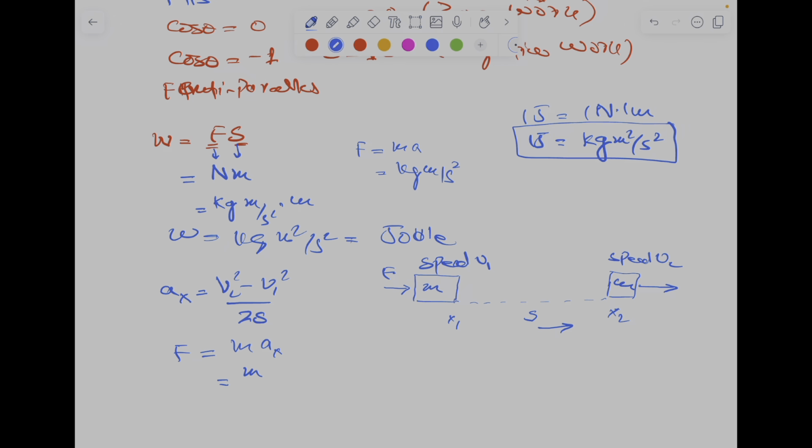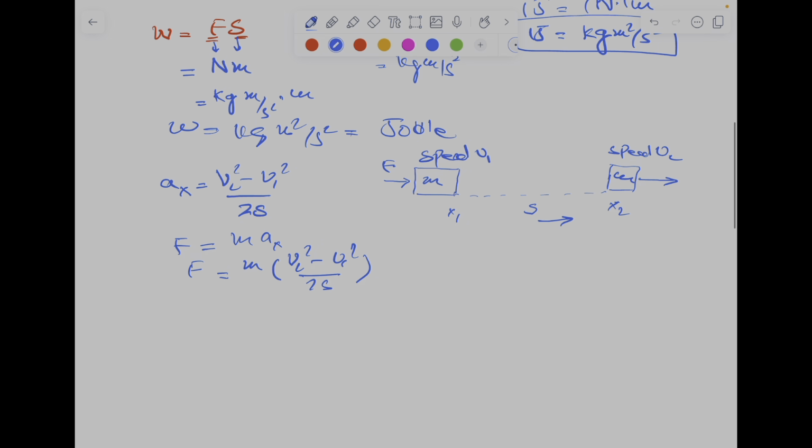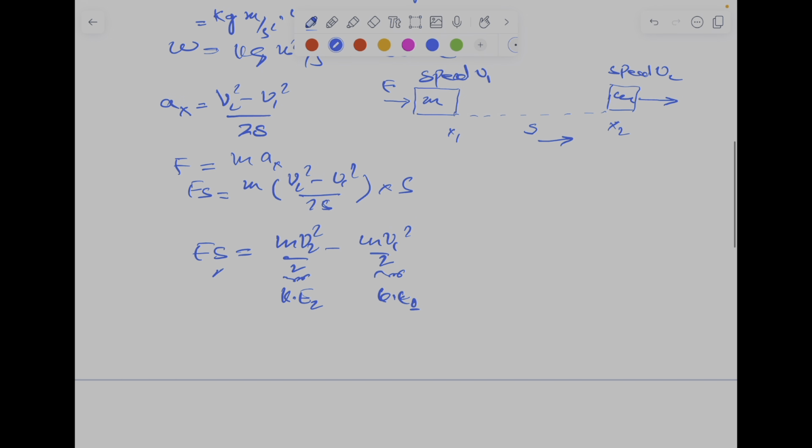Acceleration is v2 squared minus v1 squared divided by 2s. Here we take this s over here, multiply s on both sides, so we get Fs, which is m v2 squared divided by 2 minus m v1 squared divided by 2. So this is your kinetic energy 2, this is your kinetic energy 1, and this is your work done.